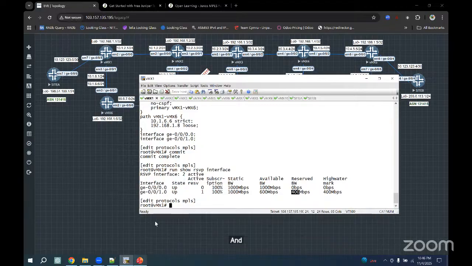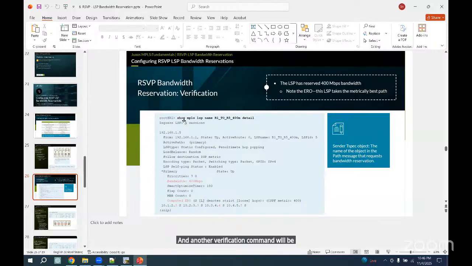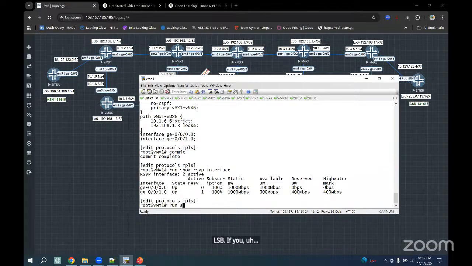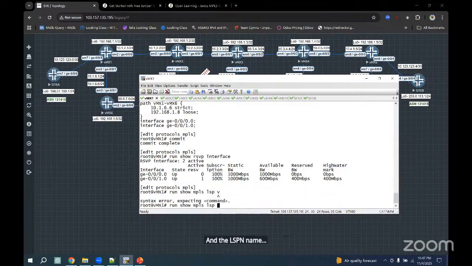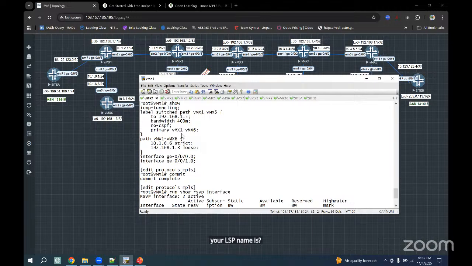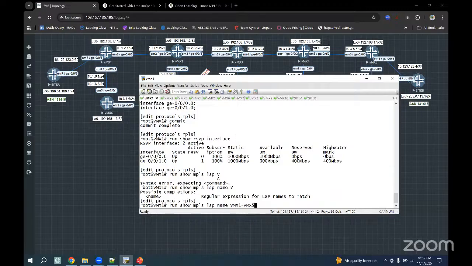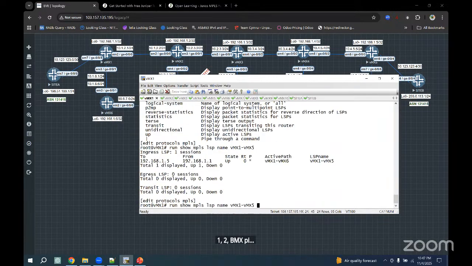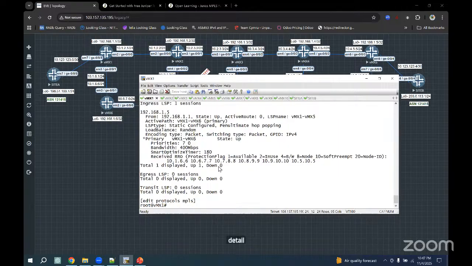Another verification command is for the LSP. If you press the command run show mpls lsp, then the LSP name, your LSP name is VMX1 to VMX5, with detail or extensive.